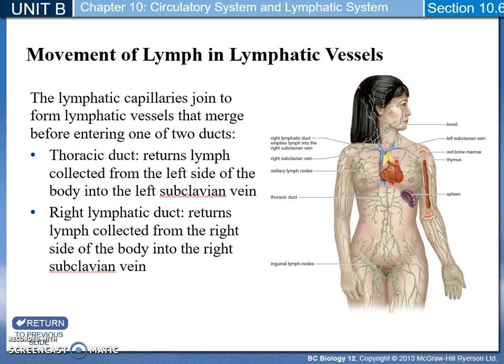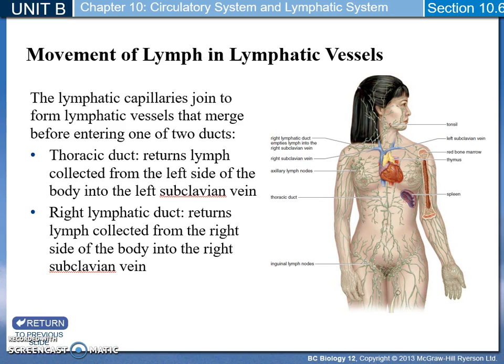ducts. And you can see how extensive the lymphatic vessels are. They exist in pretty much all parts of the body. But ultimately, the left side drains into the thoracic duct, which empties into the left subclavian vein. The subclavian vein just means that it's the vein under the clavicle, or the collarbone.